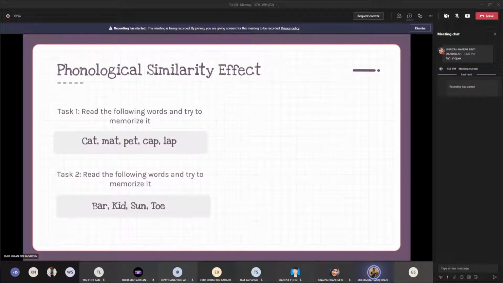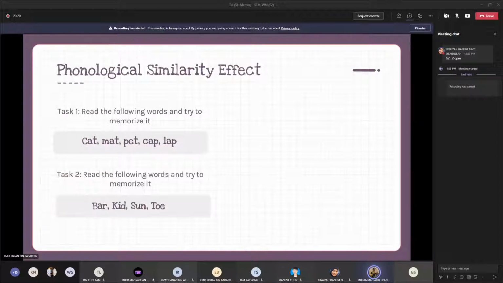So the first one is the phonological similarity effect, which is when we're memorizing something like a word or image, and the things have the same pattern. As an example, cat, mat, pet, cap, and lab. These words have a common pronunciation, which is the sound of A, cat, mat, something like that.